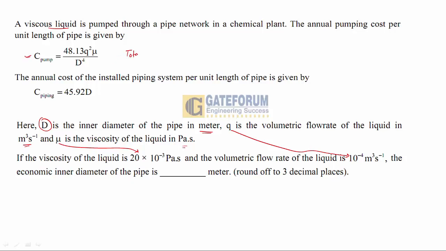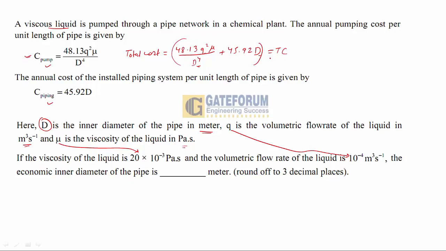Our total cost incurred will be the pumping cost plus this cost, so 48.13 Q square mu upon D to the power 4 plus 45.92 D. Right away don't put the values of Q, mu and everything, we'll put that finally. So this is our expression for total cost. Now we have to minimize this function. What is our variable here? D. So we have to differentiate this expression with respect to D.